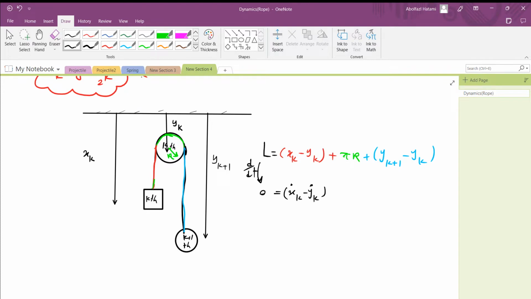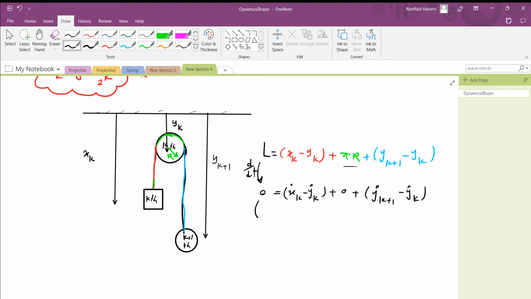Because pi and r are constants, the derivative of that expression is 0, plus y dot k plus 1 minus y dot k.